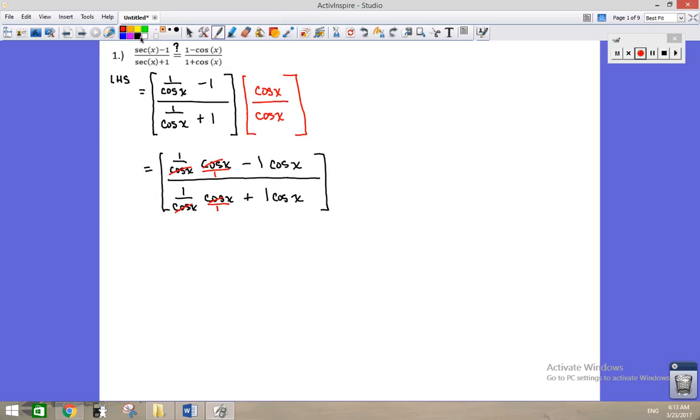So in the numerator, we have 1 minus cosine of x. In the denominator, we have 1 plus the cosine of x. That's what our right-hand side says. So we have shown that the left-hand side does equal the right-hand side, and that equal statement is that this is a true statement. These two expressions are equal to each other.